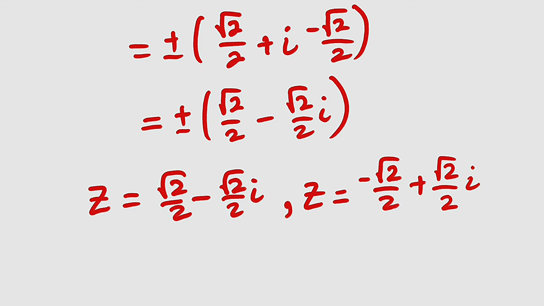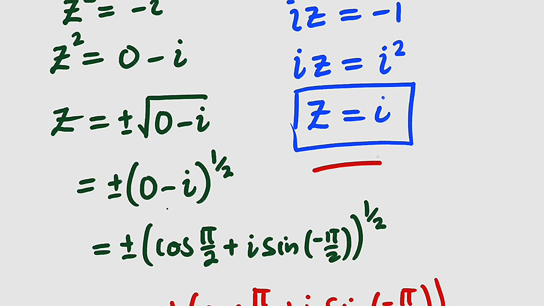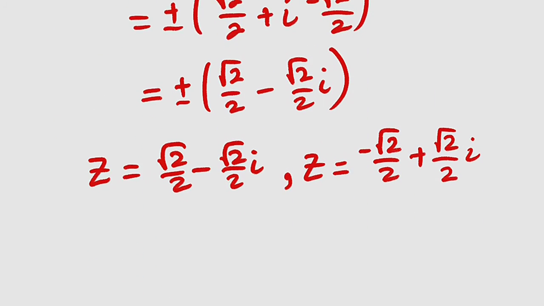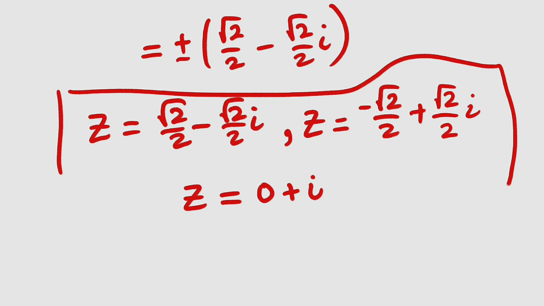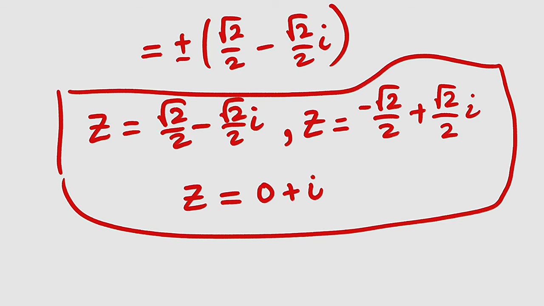These are two solutions, but remember we have another one here, which is z equal to i. So the last solution here is z equal to i, which we can write as 0 plus i. That is real and imaginary parts. All of these contain real and imaginary parts. So these are the solutions to this problem. Remember, it is cubic, so we expect 3 solutions.